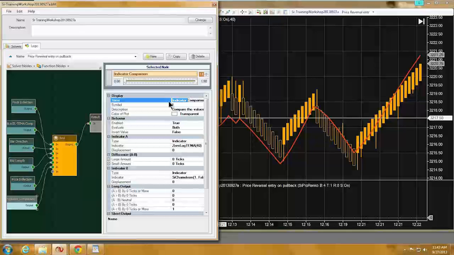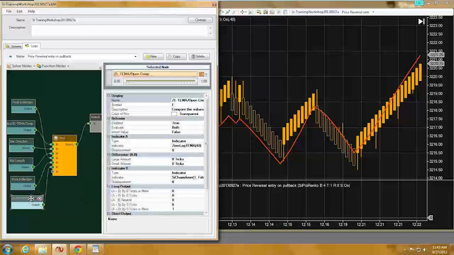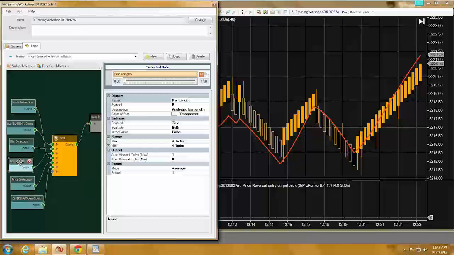I'm looking for the zero lag triple EMA, and I'm comparing it to the open. All right. So essentially, this comparison solver built a better filter than what this bar length was actually doing. So I'm just going to disconnect this guy.